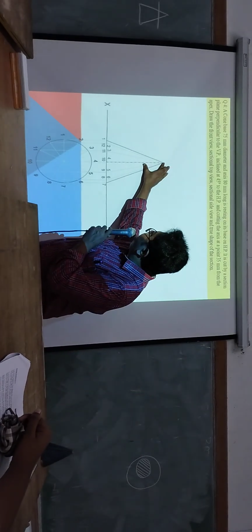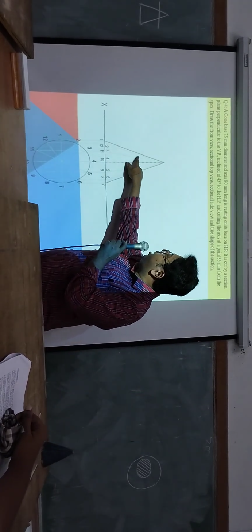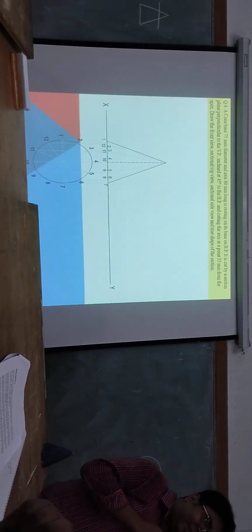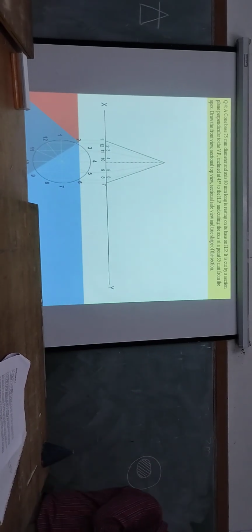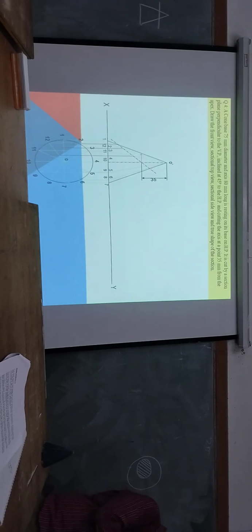That means 35 millimeter from the apex, here you have to draw a cutting line. Similarly, what I discussed for the first problem. So this is the 35 millimeter dimension measured from the apex. Through this point, you have to draw the cutting line.